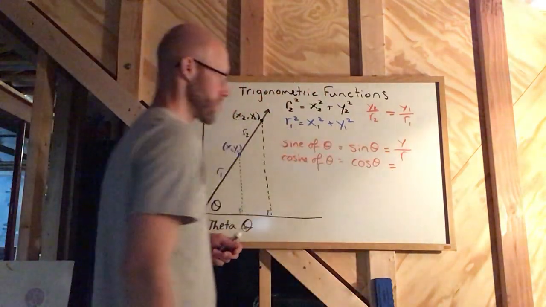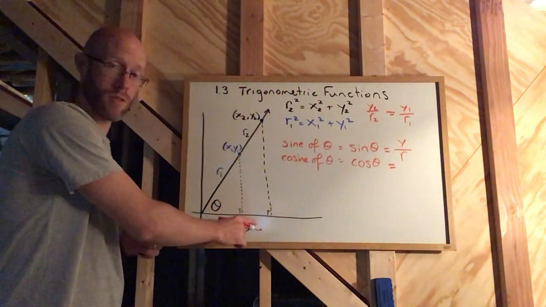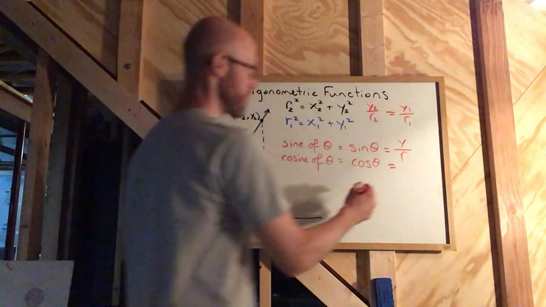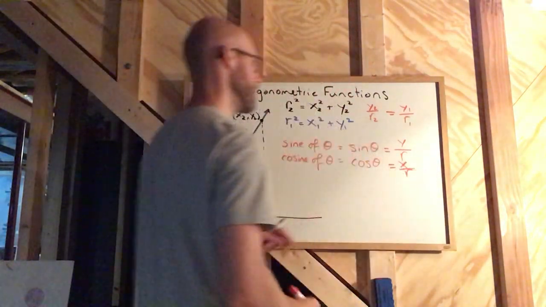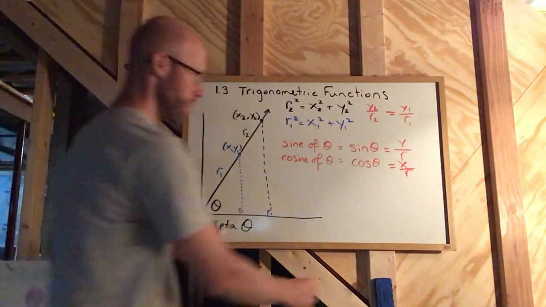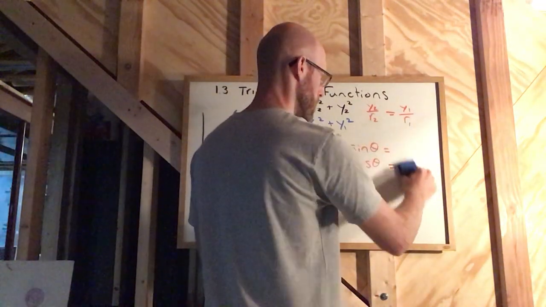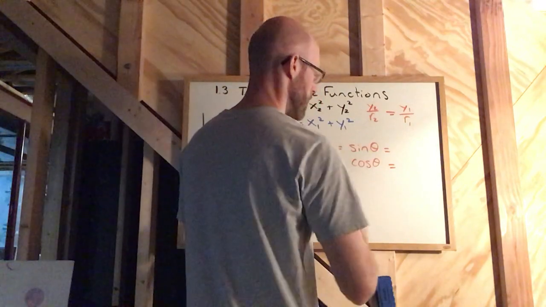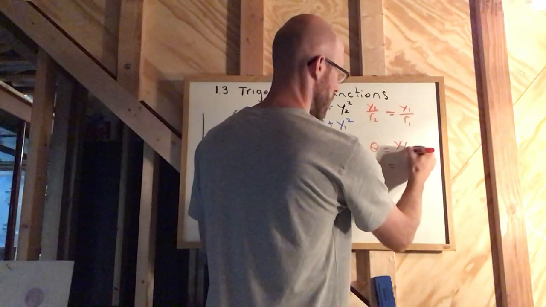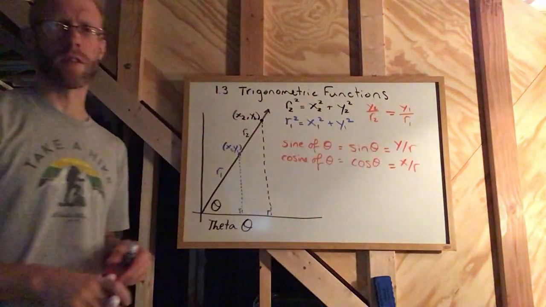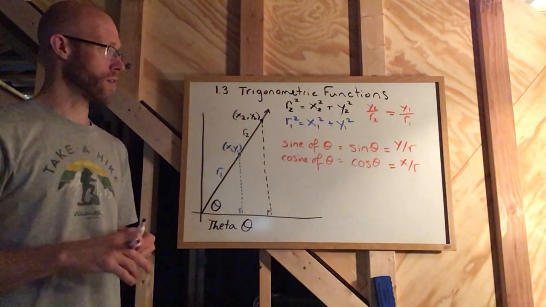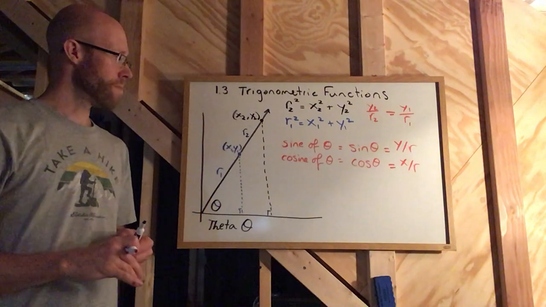And the cosine is going to be the horizontal side x over the hypotenuse r. So it's x over r. In fact, I'm going to rewrite those, give myself a little more space. Kind of write those on an angle there. Okay, so y over r and x over r.